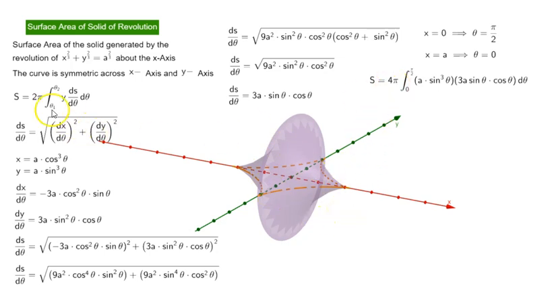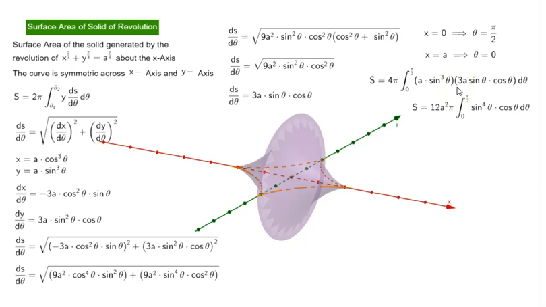So that is why we are doubling this to get 4 pi times the integral from 0 to pi by 2 of y. Y is what? a sine cube theta times ds by d theta, which is 3a sine theta cos theta d theta.